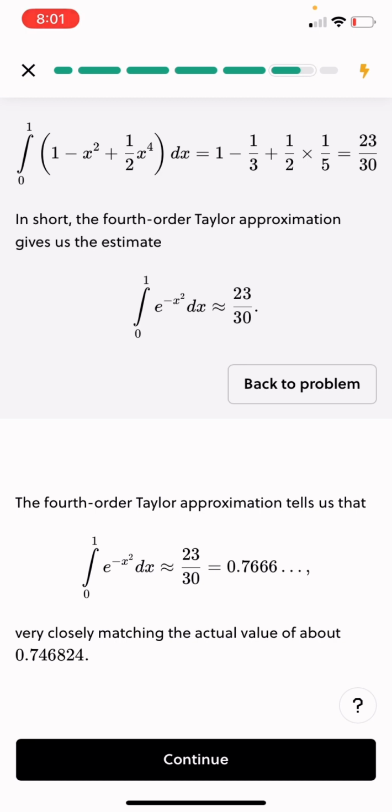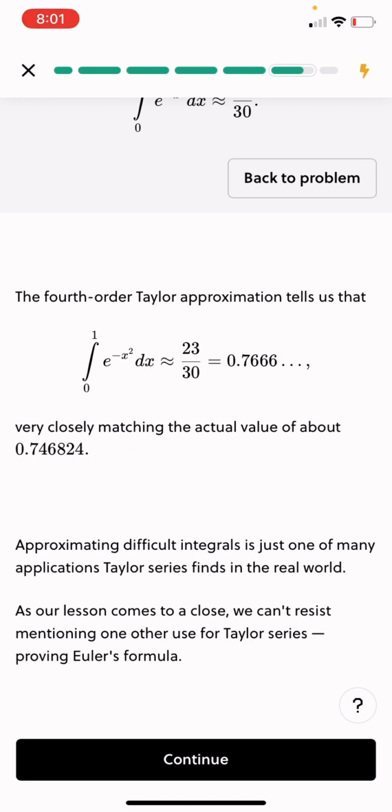The fourth order Taylor approximation tells us that the integral from 0 to 1 of e to the negative x squared dx is estimated as 23 over 30, or 0.7666 repeating. Very close to the actual value of 0.746824. So this is an estimate which is actually very close. It's off a little bit, but it is close.